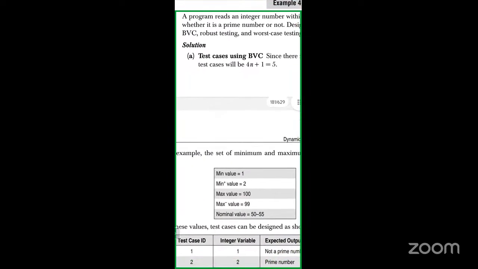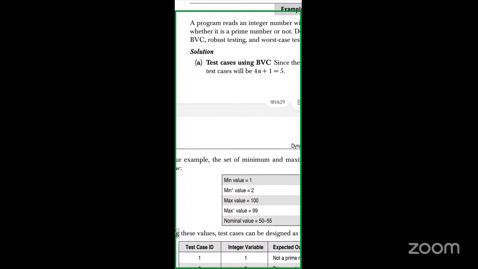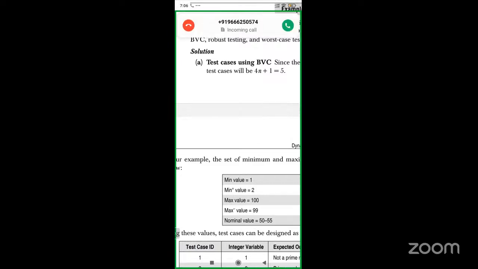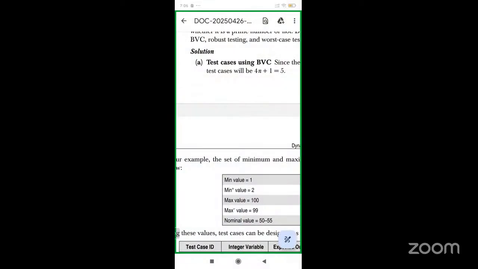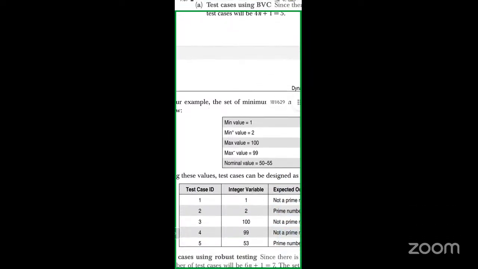So what are those test cases? The minimum value 1 we need to check, and the value just above it, 2. The max value is 100, and max minus 1 is 99, and the nominal value between 50 and 55 we need to check.